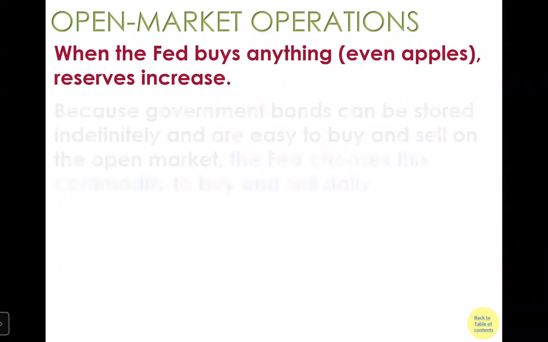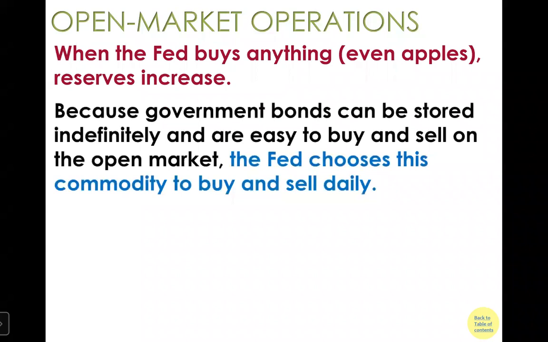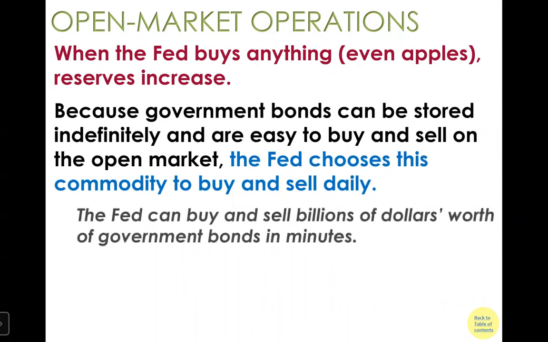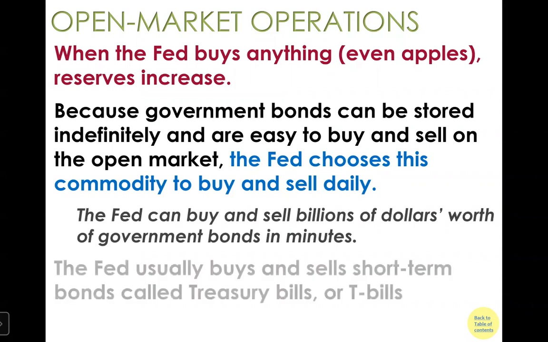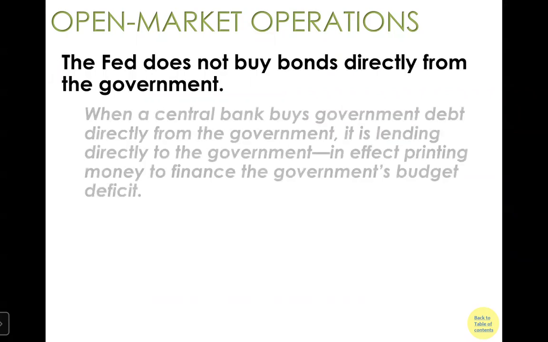They do business with other financial institutions, usually banks. All right. So now let's see how the purchase or sale of government bonds can affect the money supply. We will have an example, okay?